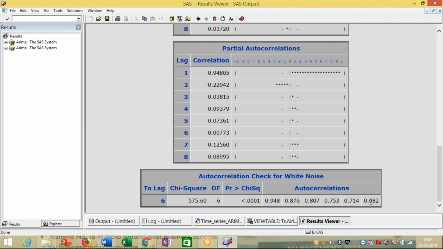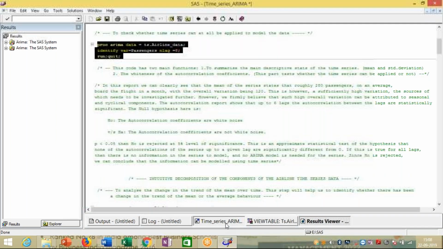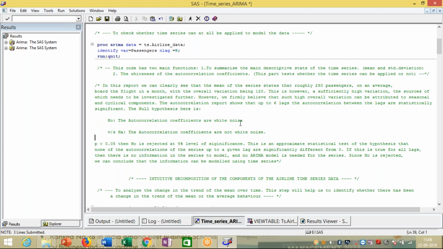Right? Now, I need to do a testing exercise. So what is the test hypothesis over here? The null hypothesis is that the autocorrelation coefficients are white noise. That is, the autocorrelation coefficients that I see between the lags are not statistically significant, right? And the alternate hypothesis is that the autocorrelation coefficients are not white noise.